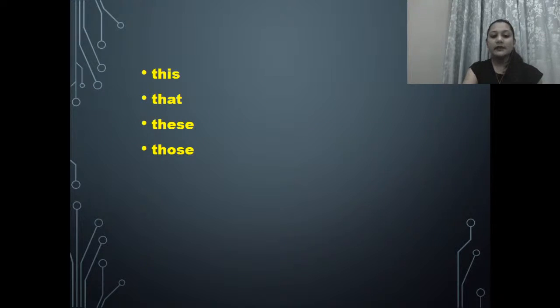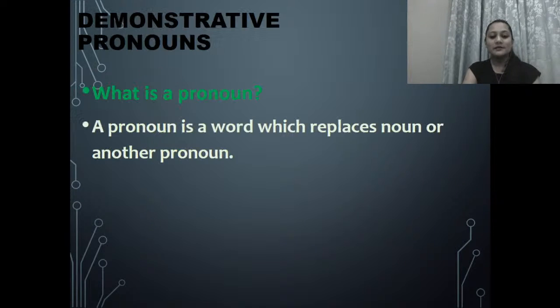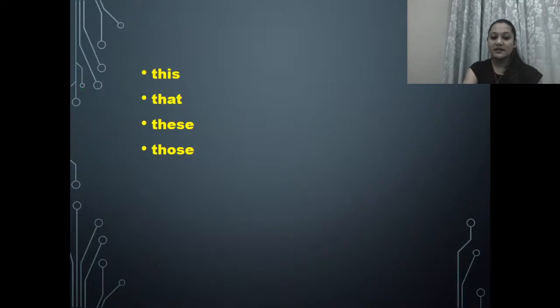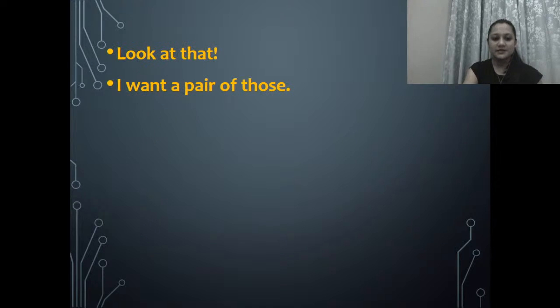Now, these and those are also demonstrative pronouns. I know I just told you that they are determiners, demonstrative determiners, but herein they are the same words and they serve as a part of pronouns. For example, look at that.